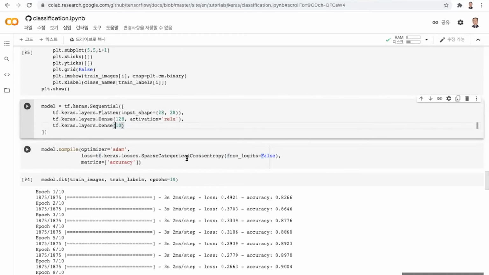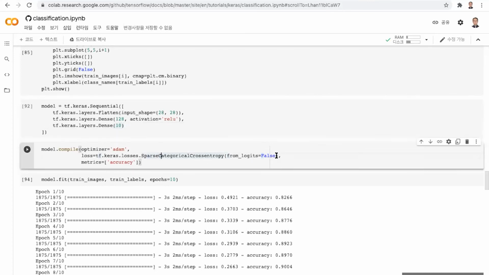Then you need to tell your loss function, okay, it's not a probability, and the original format is called a logit. So from logit, yes, true.